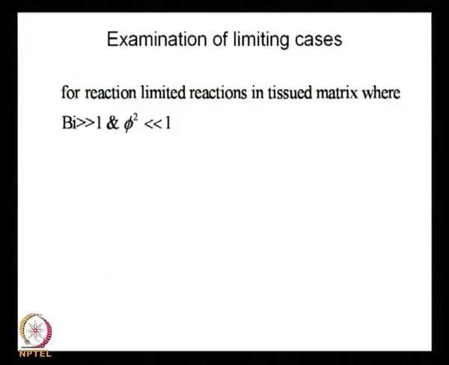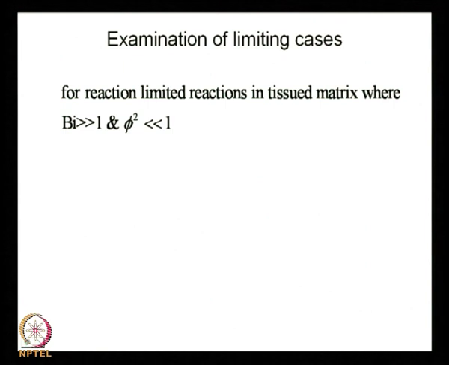Can you define completely reaction limited systems using only phi square much smaller than 1? Why do you need the second condition? And the second condition involves the Biot number, right?